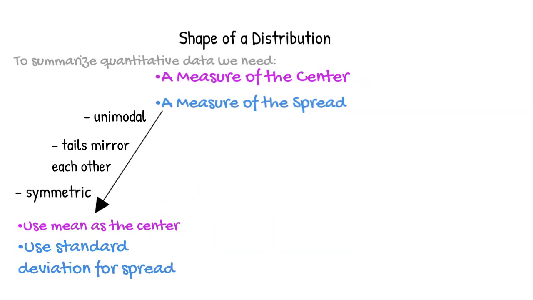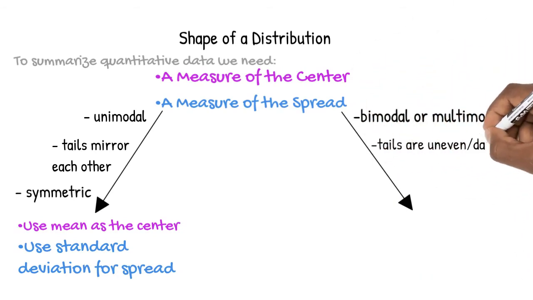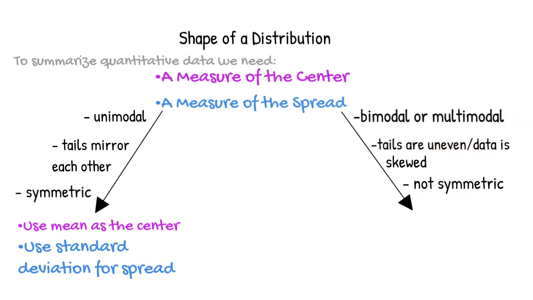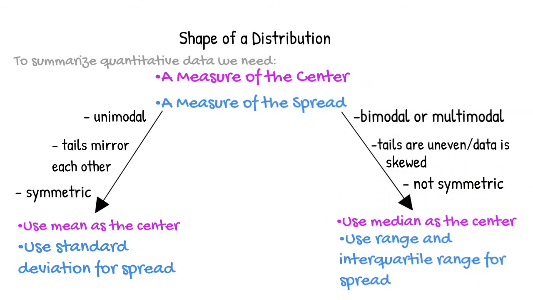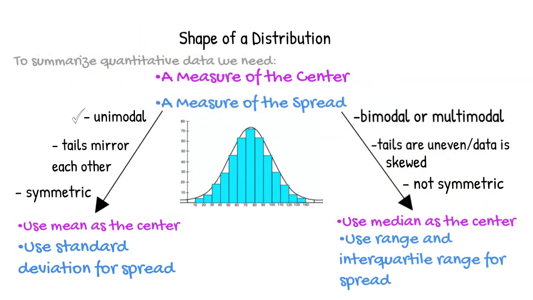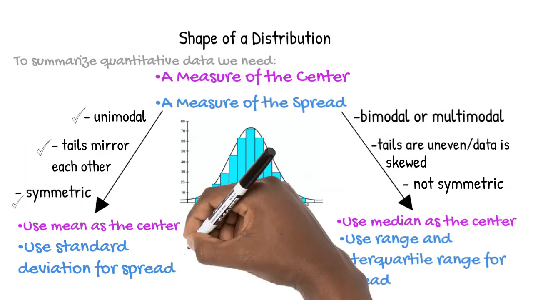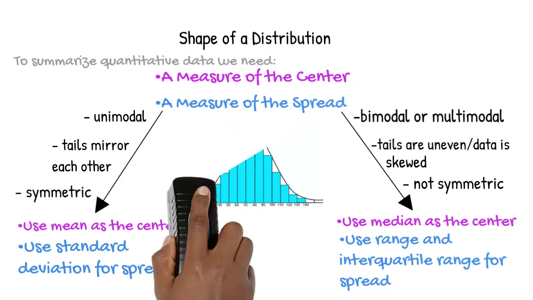If, however, any of these conditions fail, for example, the data is bimodal or multimodal, the tails are uneven, or the data is skewed and the display is not symmetric, we use median as the center and the range and interquartile range to describe the spread. In the example we previously looked at, the graph was unimodal, the tails mirrored each other, and the graph was symmetric. So we would summarize this data using mean and standard deviation.